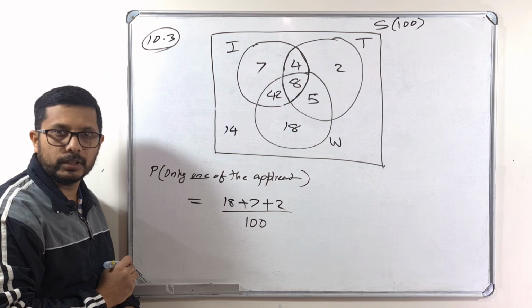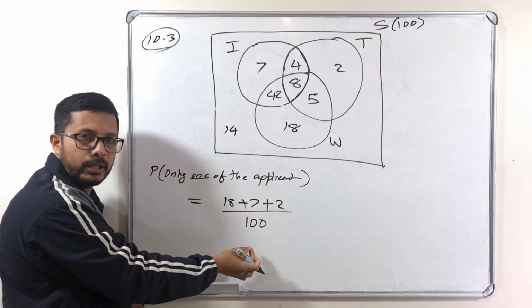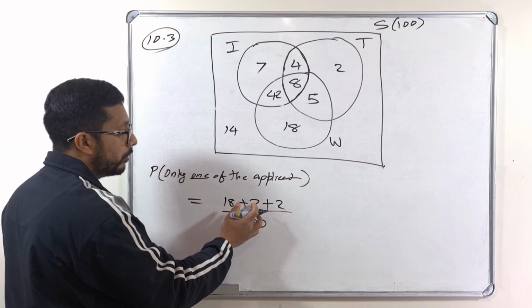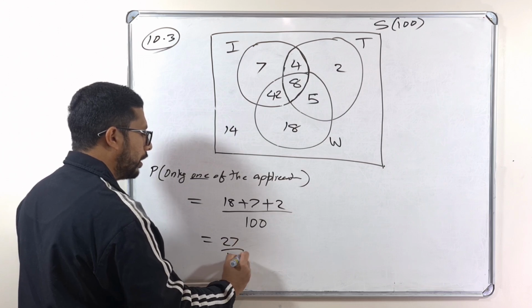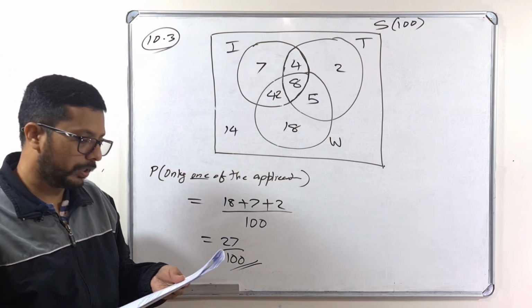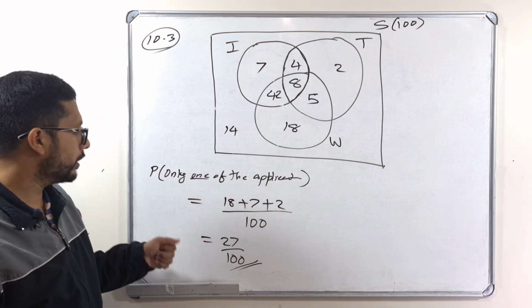That is the probability. 18 plus 7 is 25, 25 plus 2 is 27, divided by 100. That is the probability that a learner chosen randomly uses only one of these applications.